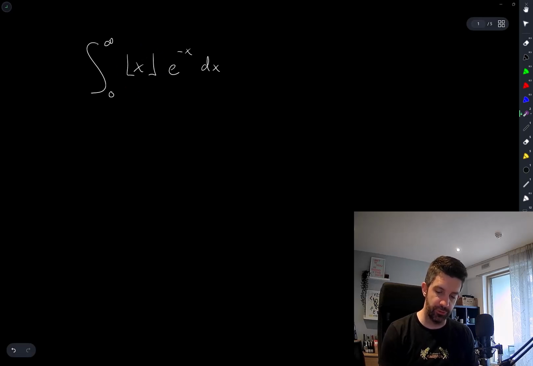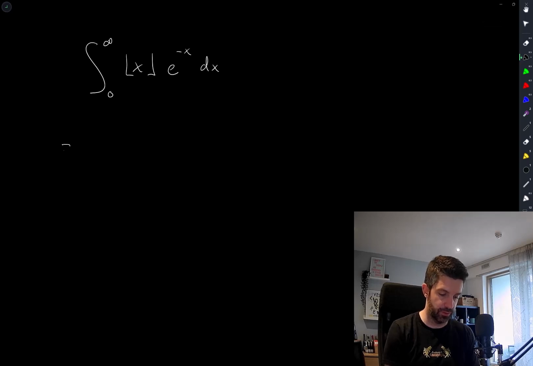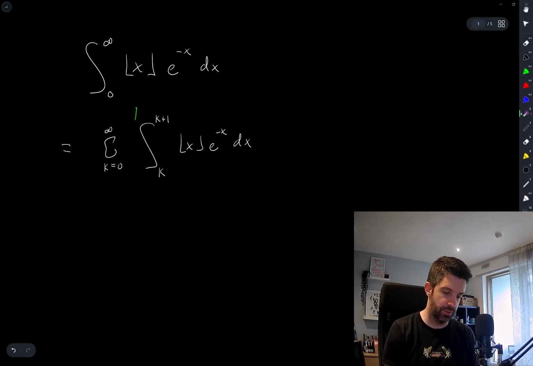So if I write this integral as a sum of integrals over subintervals, so let's write this k goes from 0 to infinity, an integral from k to k plus 1 of floor x e to the negative x dx. Now, within any one of these integrals, this is a constant.